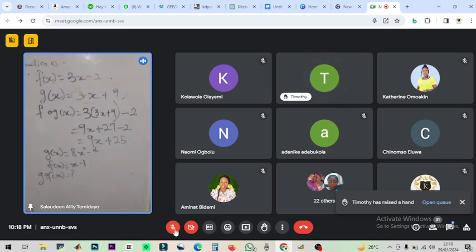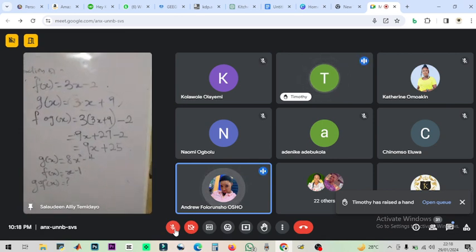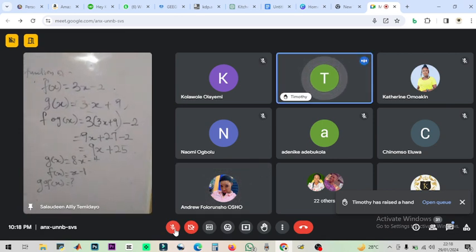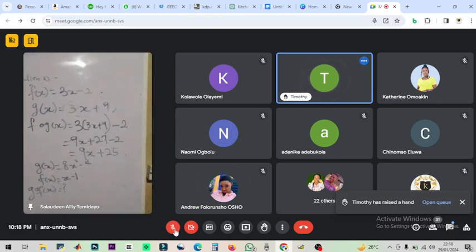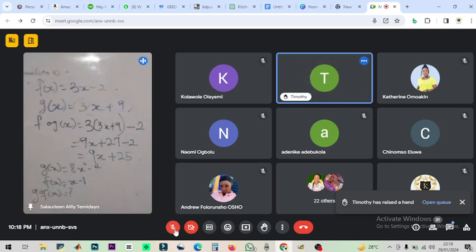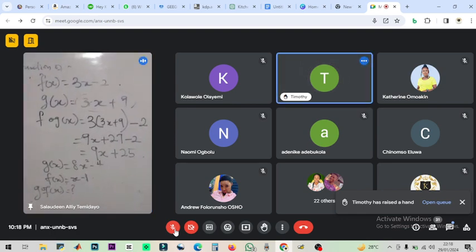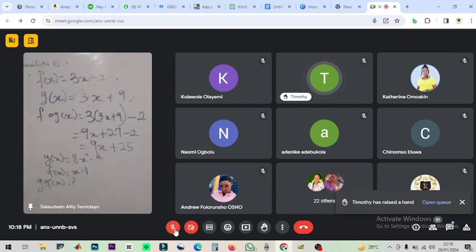I suppose you should see it now. Kindly pin his screen. I've pinned the screen. I've even made it full on my phone. I'm not able to see it. It's okay now.